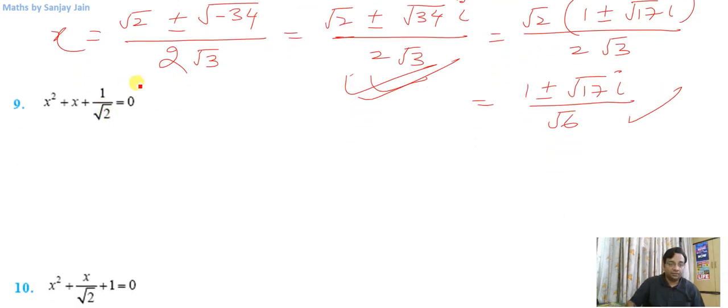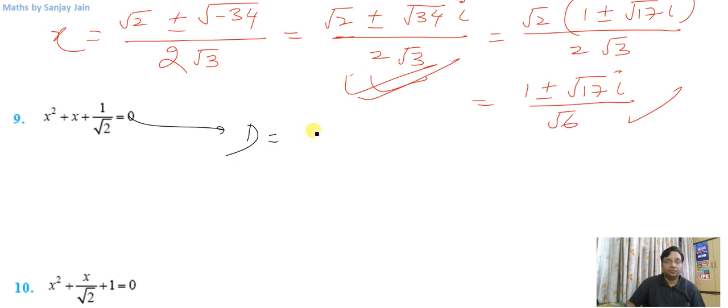Now in this one, the discriminant is equal to b squared minus 4a into c. So that is 1 minus, now 4 by root 2 can be written as 2 root 2.